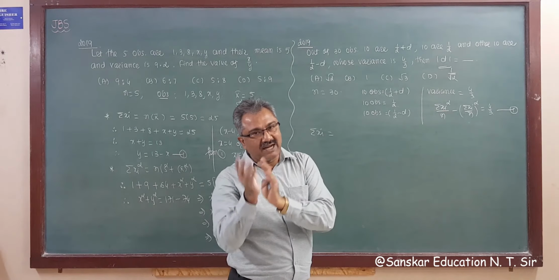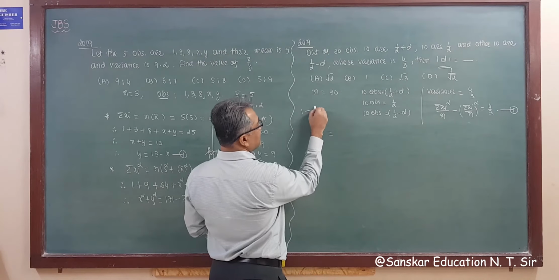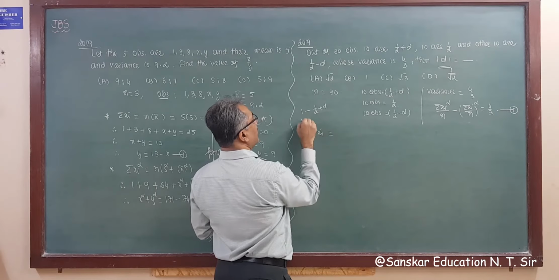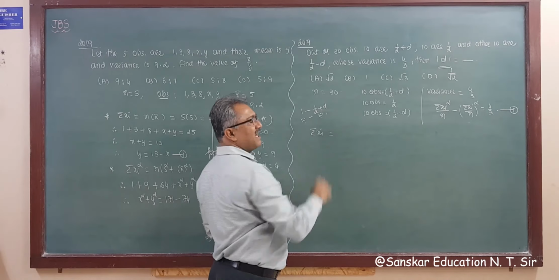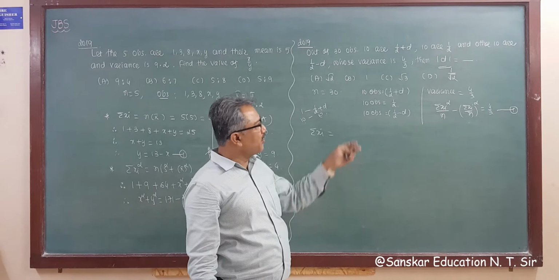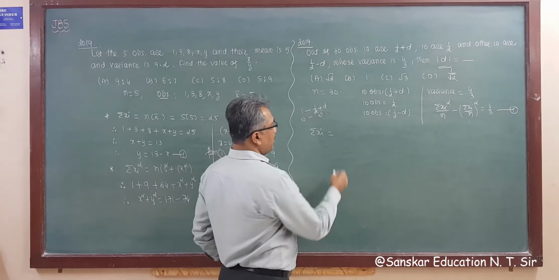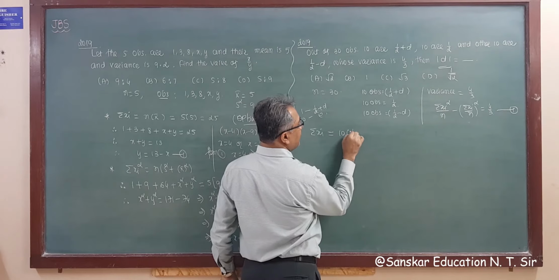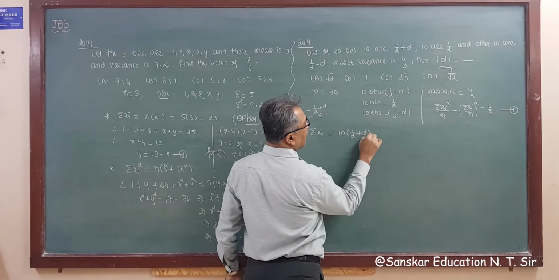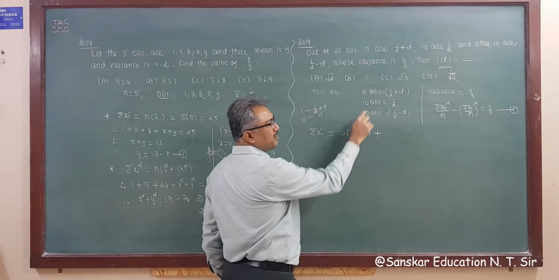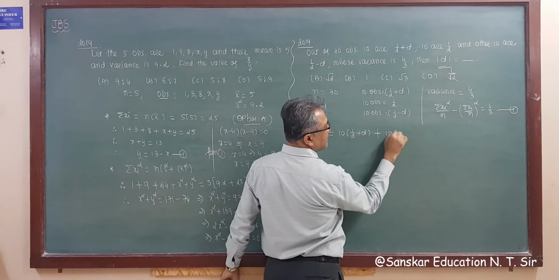Because half plus d, half plus d, 10 times. Right? Plus another 10 observations of half, that is 10 times half.